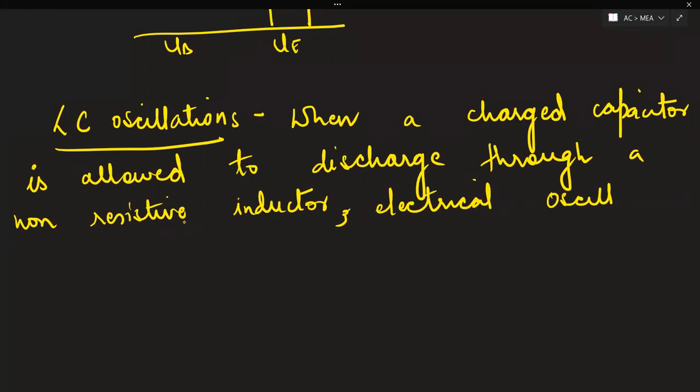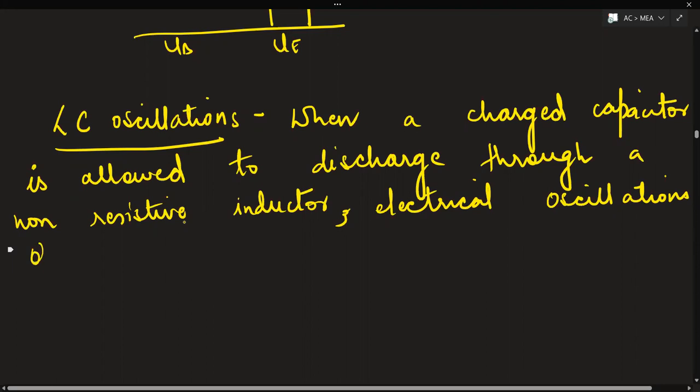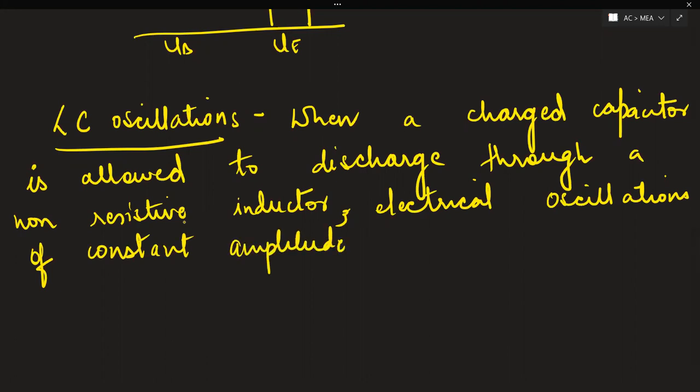Electrical oscillations of constant amplitude and frequency are produced.